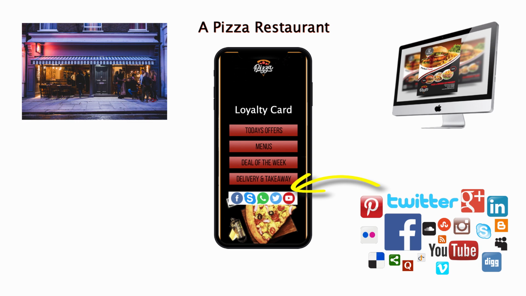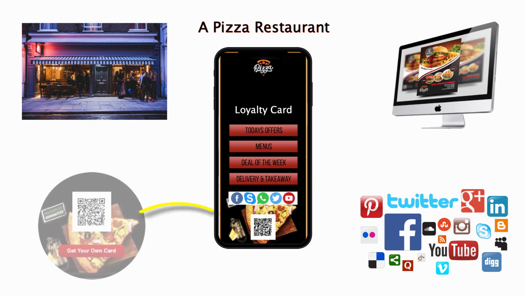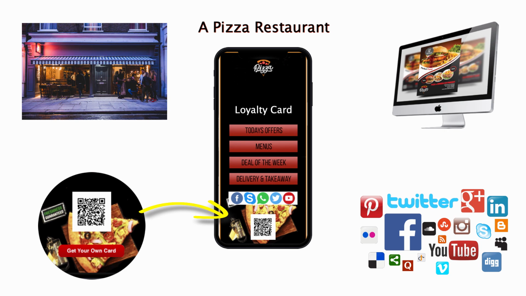Now, don't worry if you don't have a website or social media. We've got a solution that tackles that also. So we can discuss that at a later date if you're interested. Next, we add some very unique features that generates you new customers, simply by allowing your current loyalty card holders to share their card with others. And I'll explain how that works in just a minute.